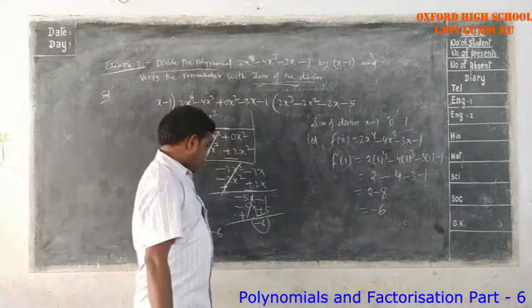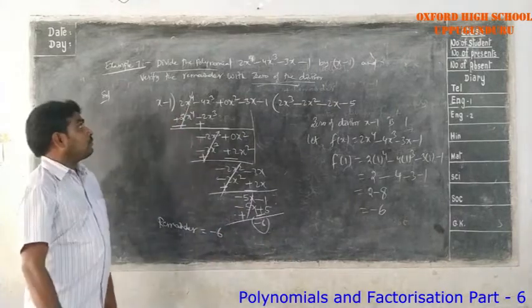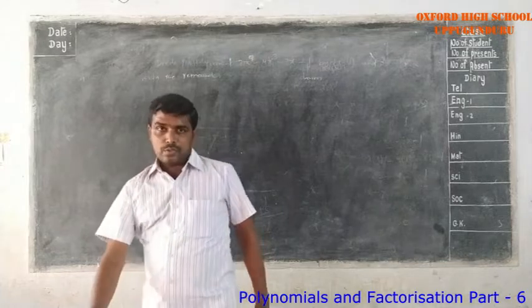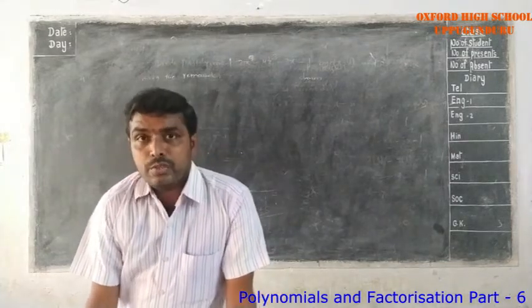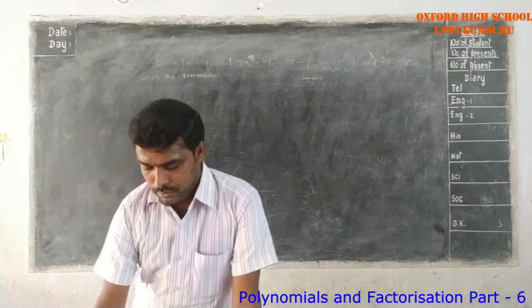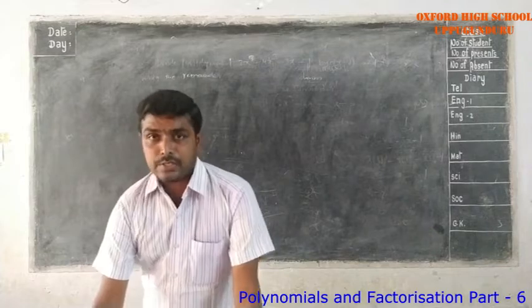Minus 6. In both cases we are getting the same remainder. In this way you can do example 7. Without the division algorithm, by using the remainder theorem also, you can do division of polynomials. So that we will discuss in the next session. Thank you.